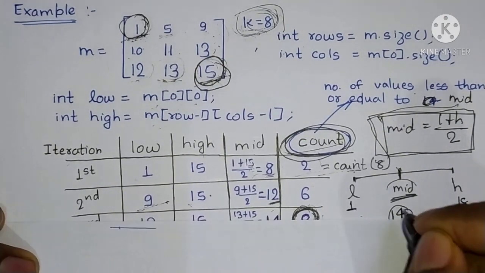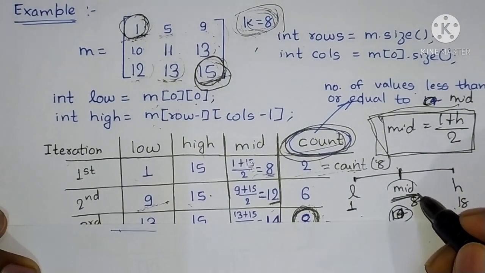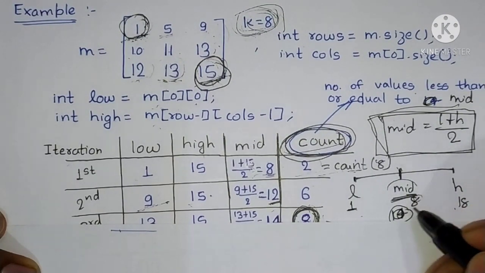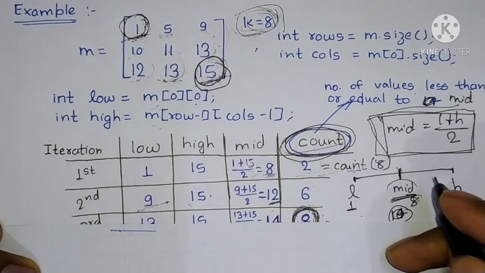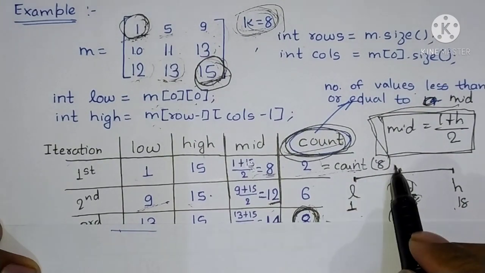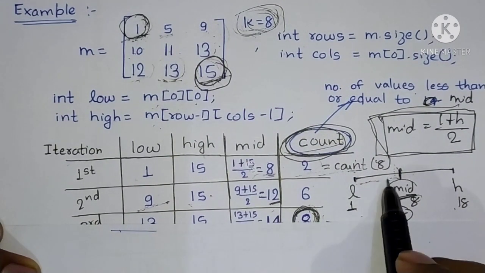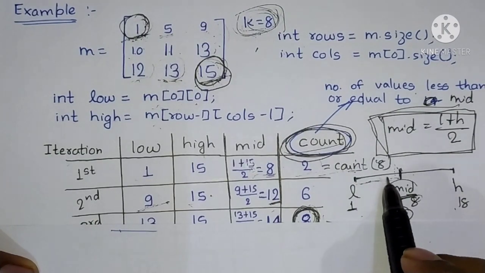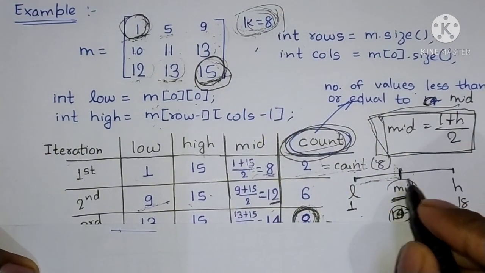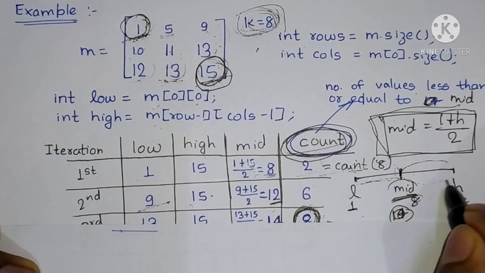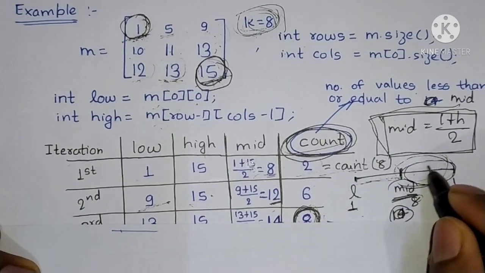Mid came to be 8, but this 8 is greater than or equal to only two values. So the number that we want to find, the 8th, will lie somewhere around here, right?